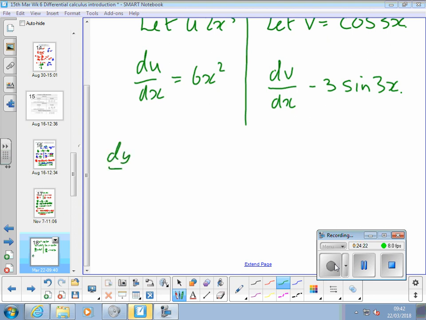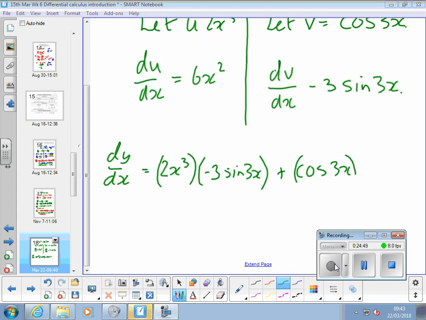So dy by dx is equal to u, which is 2x cubed, times minus 3 sine 3x, plus v, cos 3x, times 6x squared. Everybody got that? Yeah? So Nathan, what have you done then?